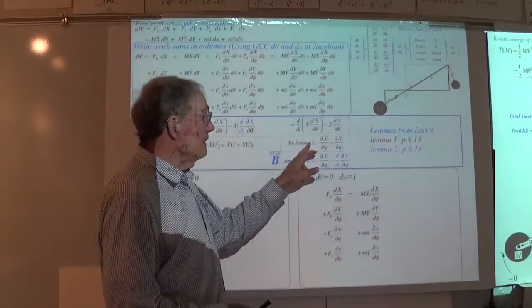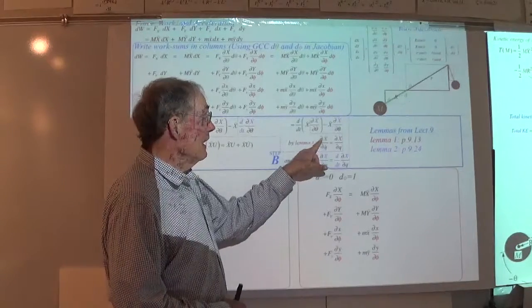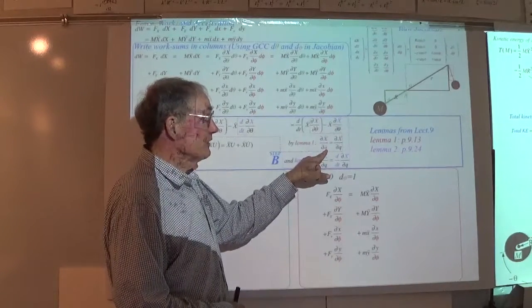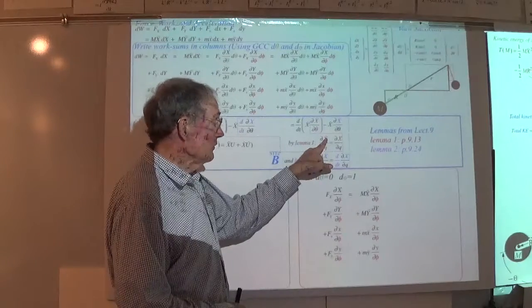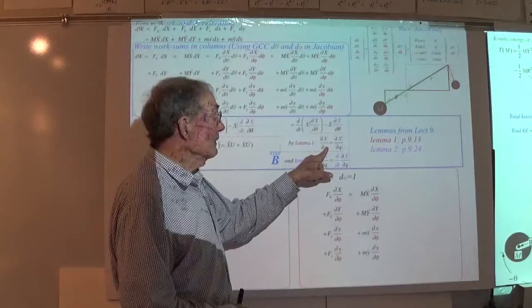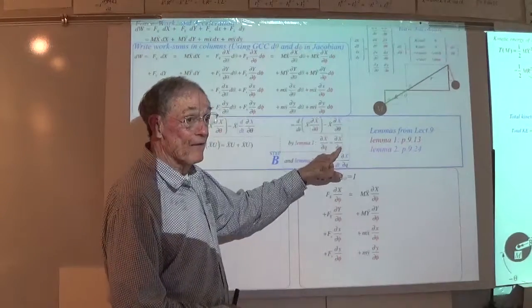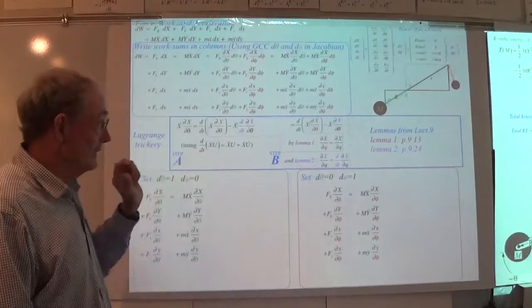So, we've got a lemma 1, remember those? The idea that if you had a Jacobian made of velocities, that is a Jacobian representing velocity of Cartesian kind, and then the queer coordinate that went with it, well, that was just equal to the ordinary Jacobian. Remember that? These are key things, okay?